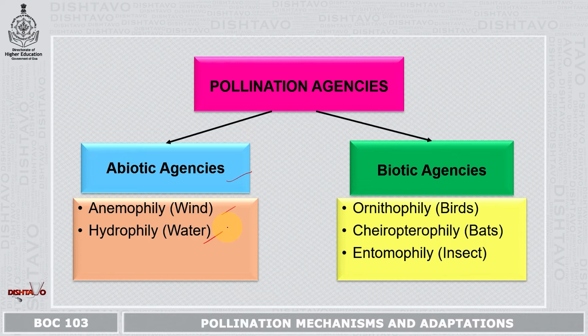Wind pollination is known as anemophily, water pollination is known as hydrophily. With regards to biotic agencies, the agents include living organisms such as birds, bats, insects. So pollination that is brought about by birds is ornithophily, by bats it is known as chiropterophily, and by insects it is known as entomophily.